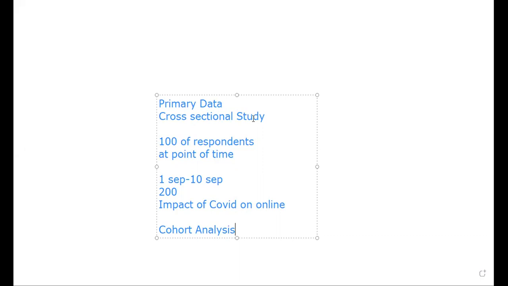The next is secondary data. If you go with secondary data, you do time series analysis. In this, you have a number of series.